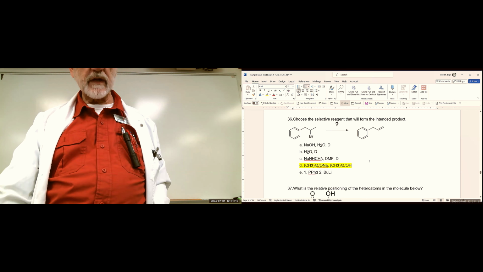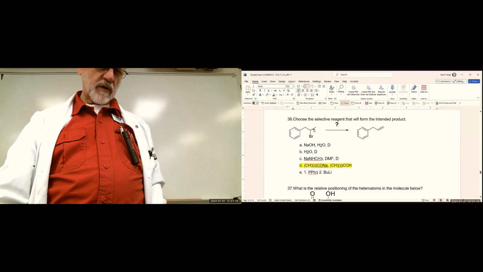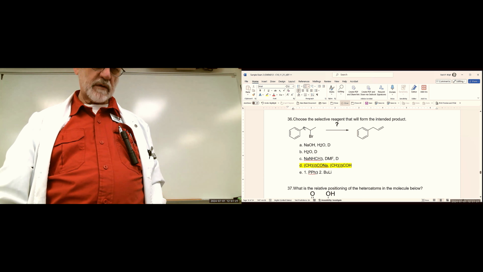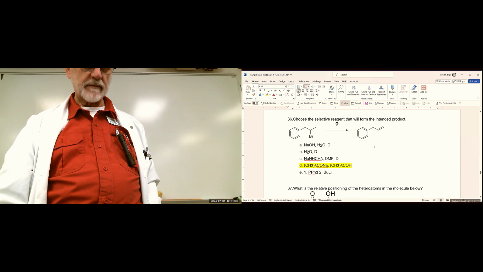Choose a selective reagent that will form the intended product. All right, so we got 1, 2, 3, 1, 2, 3. We're not changing the carbon chain. This is an elimination reaction. So is it an E1 or an E2? Is the bromine going to leave first?